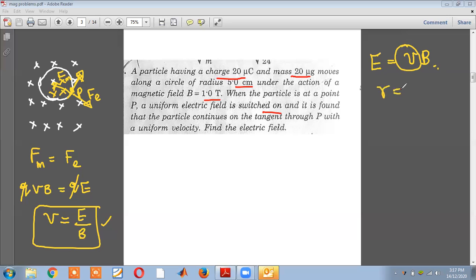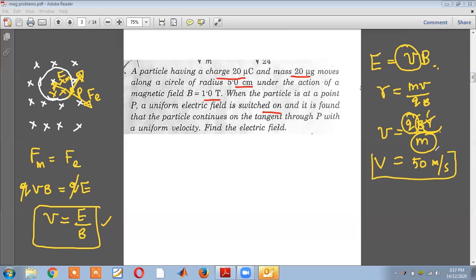Since the radius is given, r is mv by qB. From this we can find v, which is qBr by m. All values are given here: the charge, the mass, the magnetic field, and the radius. Just by substituting, you may have 50 meters per second. Please let me know if not.